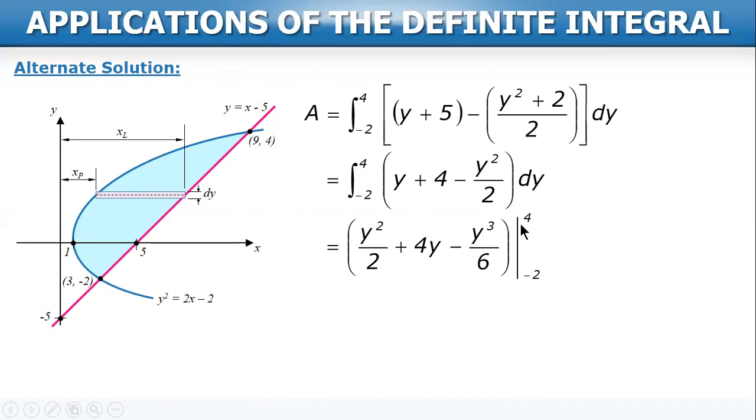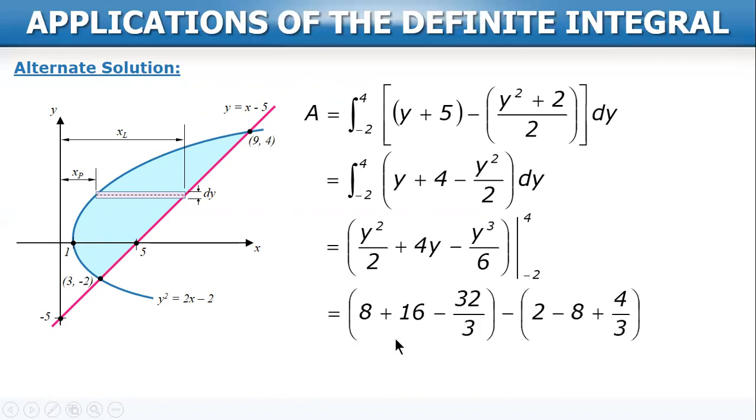From negative 2 to 4. Because y mata dy. So our limits must also be y. Negative 2 up to 4. So evaluate upper and lower limits. The answer is 18. Same lang kaganina.